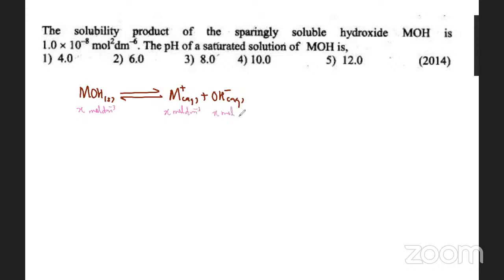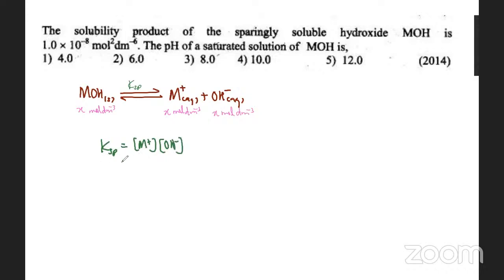X moles of OH minus ions will be released in 1 decimeter cube of water. And for this we write KSP. How do you write KSP?